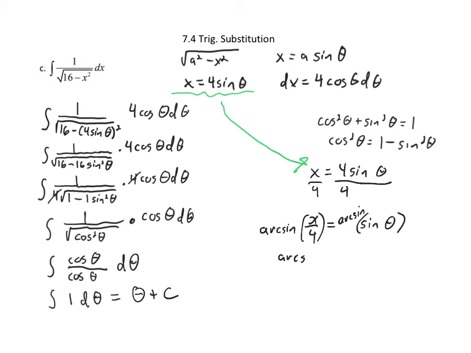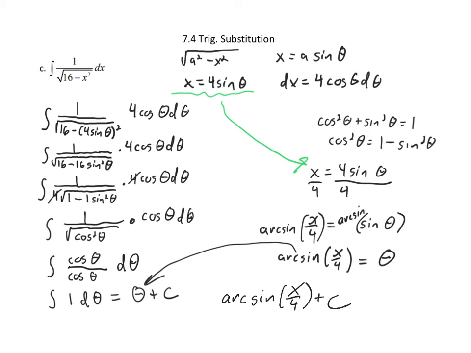So arc sine x over 4 is actually theta. We want to replace that there. Plugging that back in, we get a final result of arc sine x over 4 plus c.